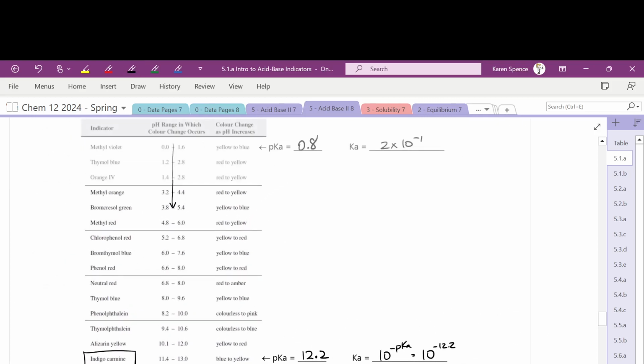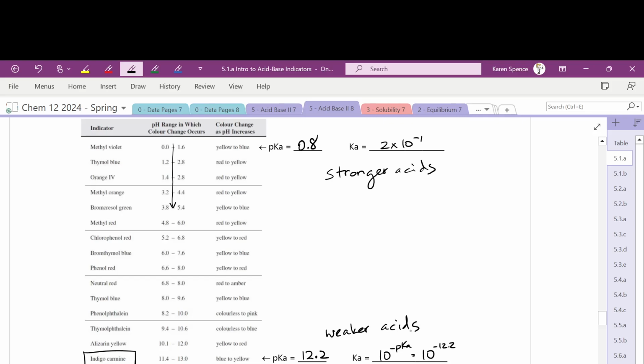So what is happening to our indicators as we go from the top of the chart to the bottom of the chart? These guys up here are stronger acids. These guys down here are weaker acids.